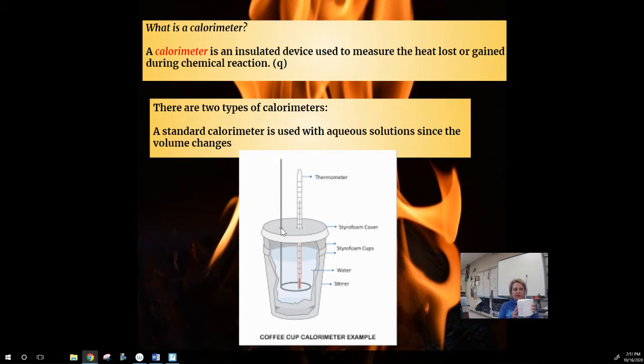This group who made theirs last year put in a magnetic stir bar on the inside and put it on top of a magnetic plate so you could stir without touching it. And inside of the calorimeter, you put an amount of water and whatever else in there that you want to measure the heat transfer. And you perform your reaction, watch the temperature go up.